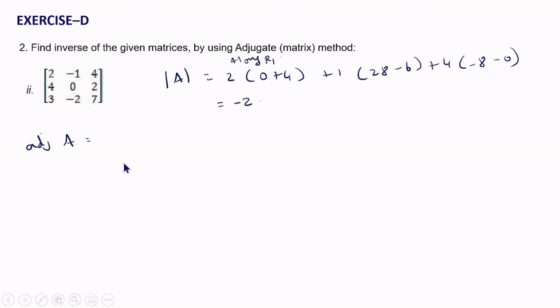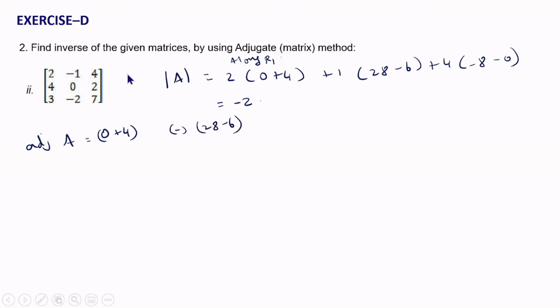Adjoint of A is the transpose of the cofactor matrix. So we have to find the cofactor of each of these elements and then find the transpose of that matrix. The cofactor of the element 2 is 0 plus 4, then the cofactor of this element is minus of 28 minus 6.